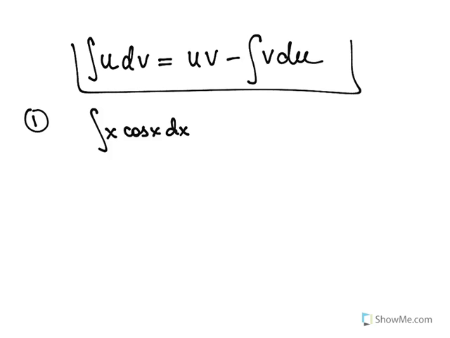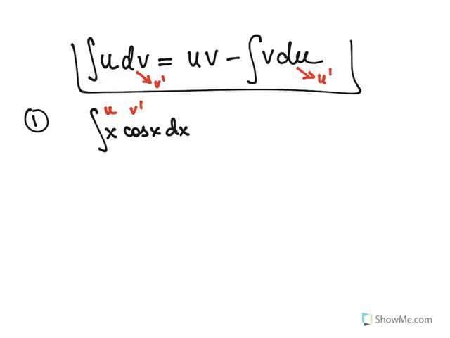But in this case, I'm going to express x as u and cosine of x as v prime. By the way, this part right here, dv, is the same as v prime, right? And du is the same as u prime.